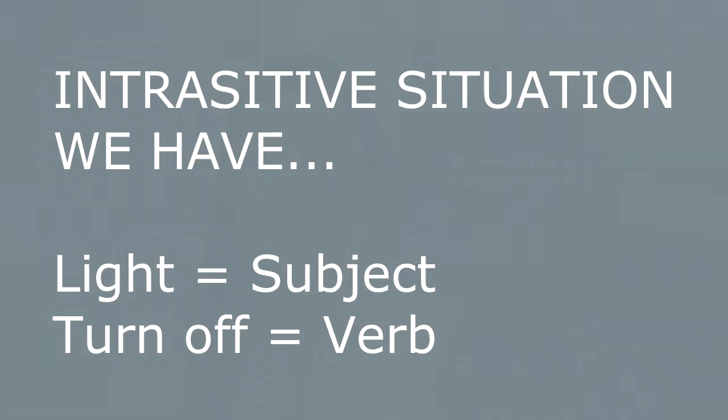But what if the light turns off by itself? Like maybe the bulb died or burned out or something, and then it just poof, turns off all by itself. Then that would be an intransitive verb. So now the light has become your subject who's performing the action of turning off, pretty much.